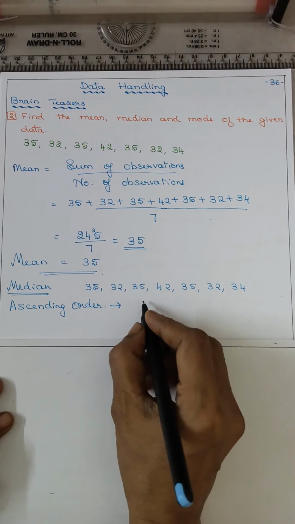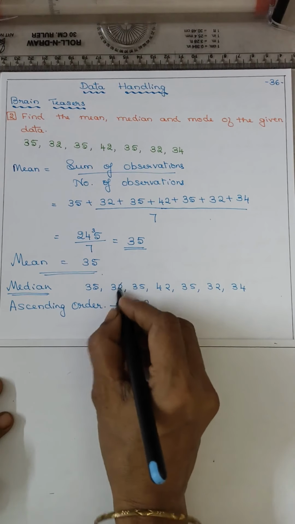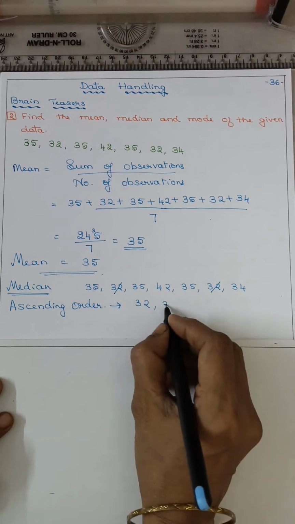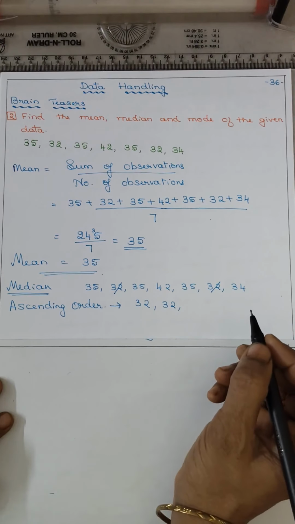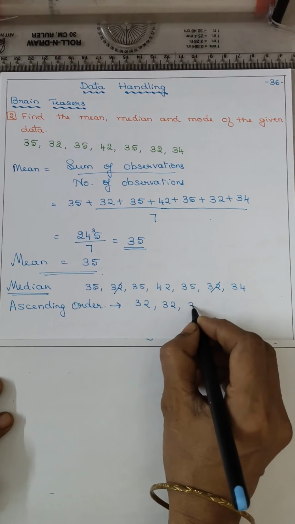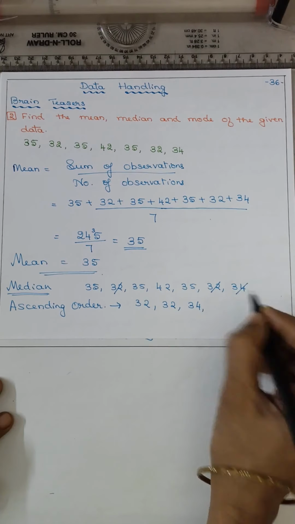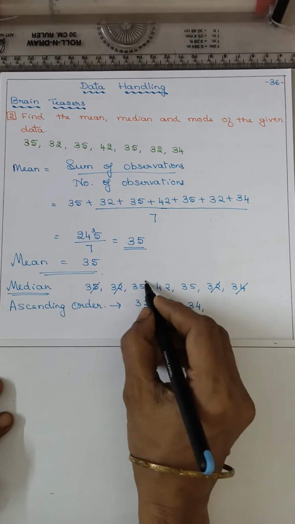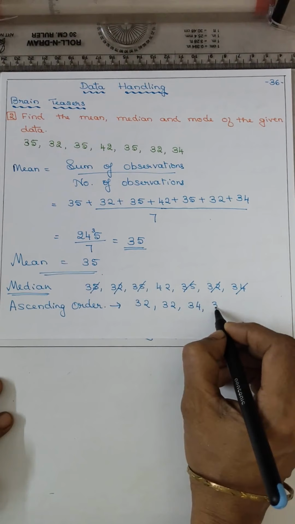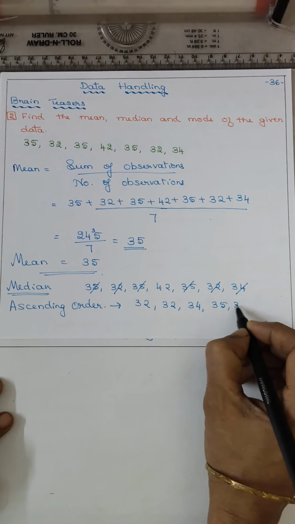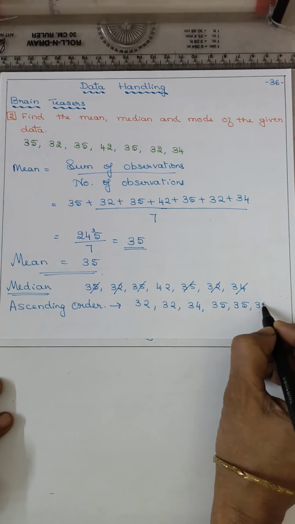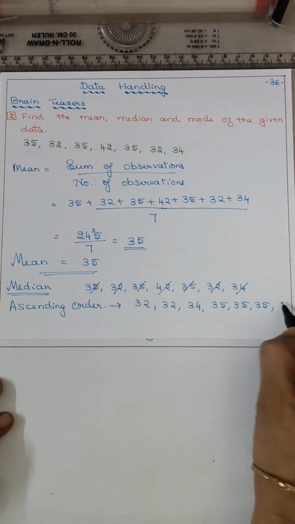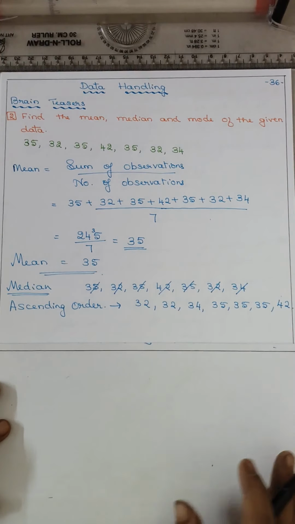Ascending order: first it will be 32 2 times, next it is 34, then 35 3 times and then 42.